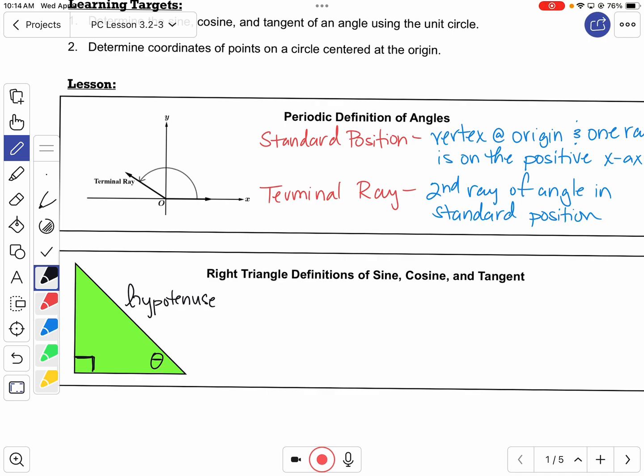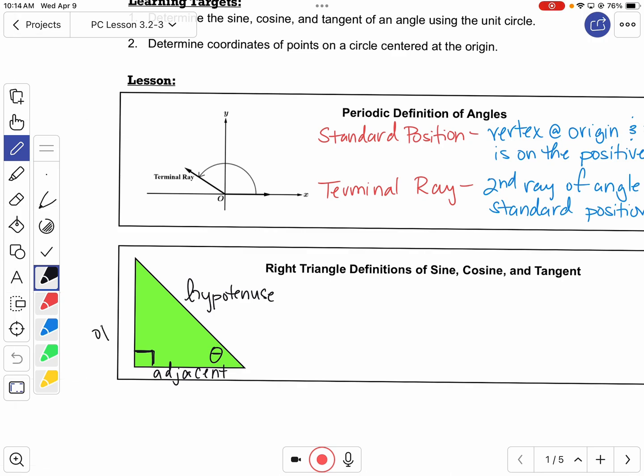Opposite meaning it doesn't touch the angle, adjacent meaning it does. So there's my hypotenuse. The one touching the angle would be my adjacent side, and the one not touching my angle would be my opposite. And by angle, I'm referring to theta, not the right angle or the other angle.